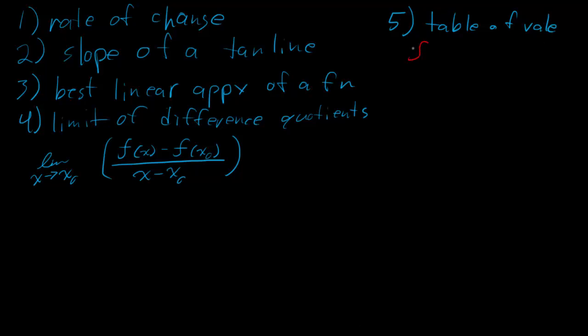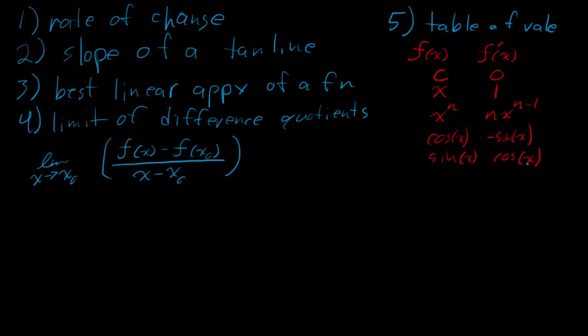I'd have a function and I'd have its derivative, f prime of x, and I'd have c, which would give a derivative of 0, x is 1, x to the n is n x to the n minus 1, cosine of x is negative sine of x, sine of x is cosine of x, e to the x is just e to the x, and ln of the absolute value of x is 1 over x.